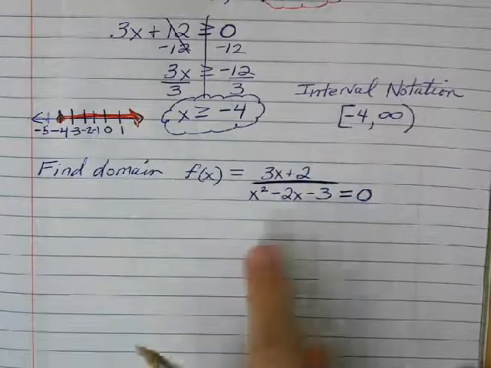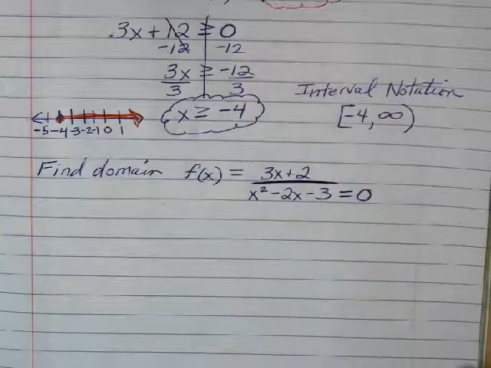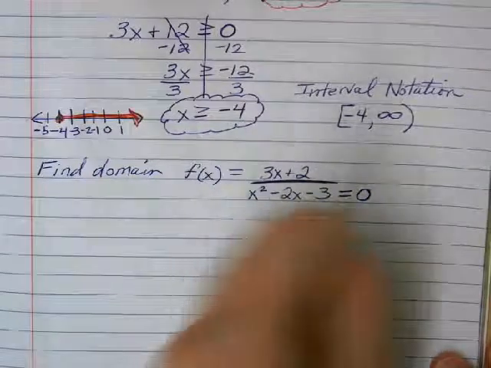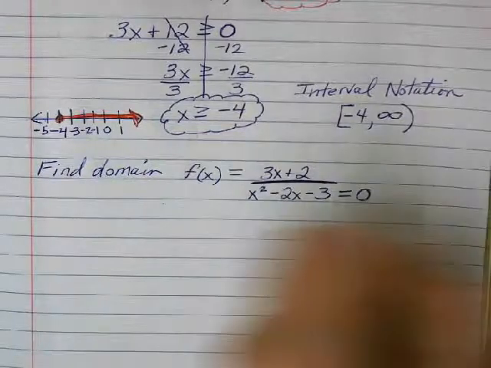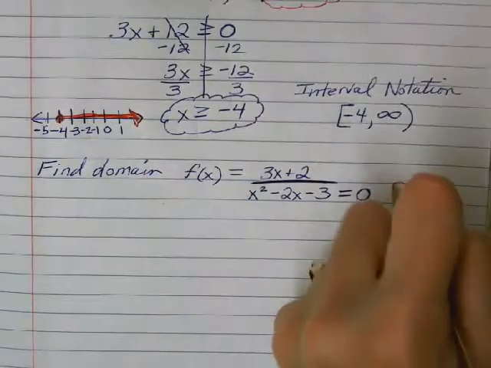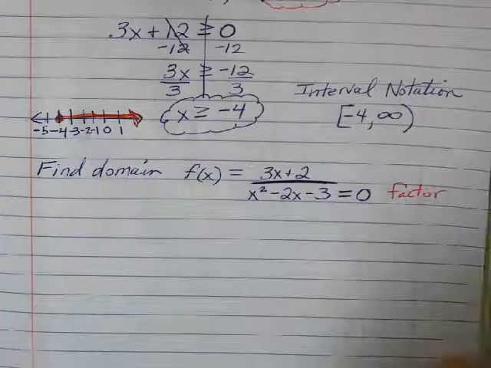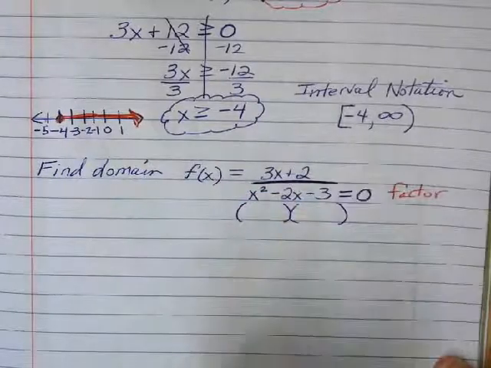In math, it's bad. So if you set the bottom of the problem equal to 0 and try to solve that, factor the denominator, you could figure out what numbers are not in the domain.